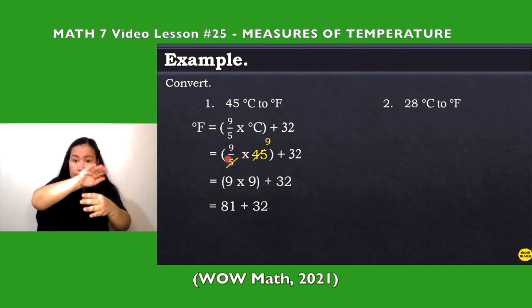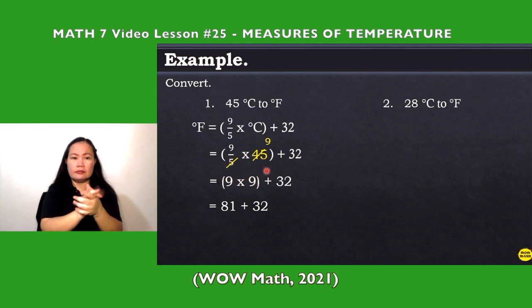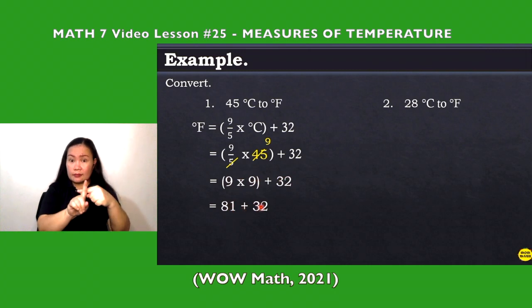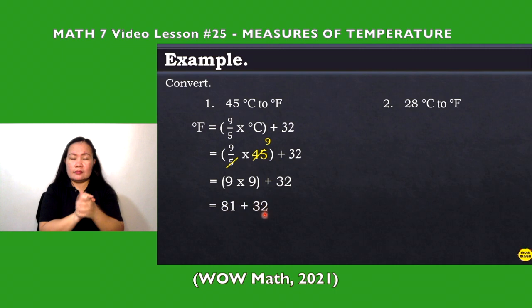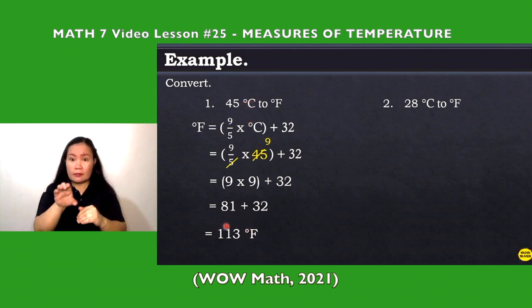So, since naka-enclose ito, this means that you have to perform this first before you add 32. So, 9 times 9, that is 81. 81 plus 32, that is 113 degrees Fahrenheit. So, therefore, 45 degrees Celsius is equivalent to 113 degrees Fahrenheit.